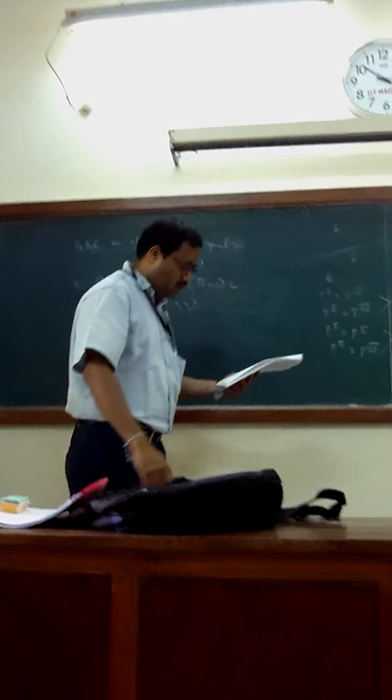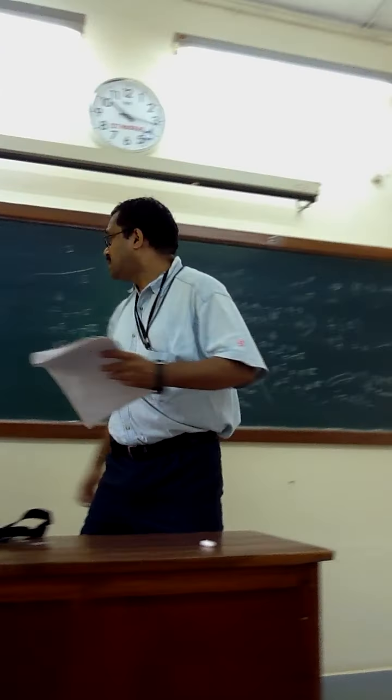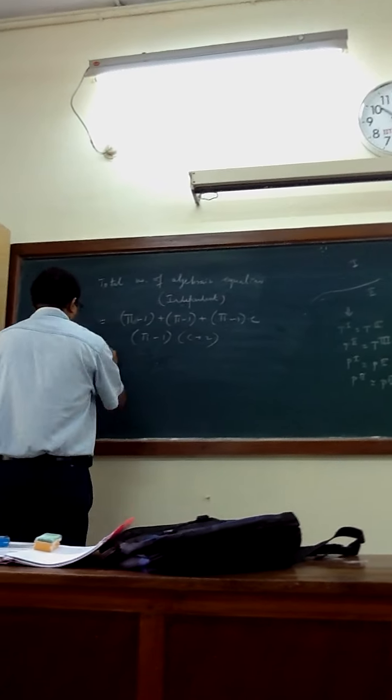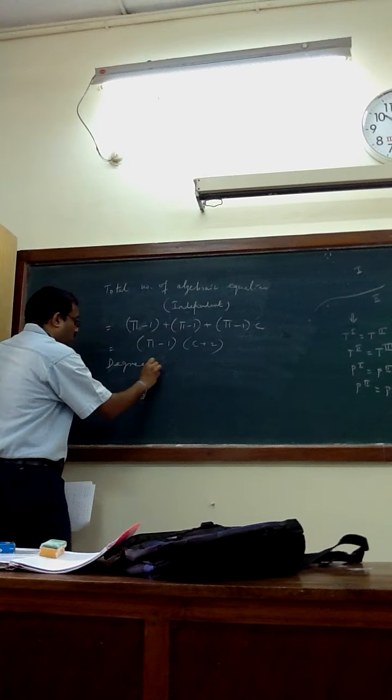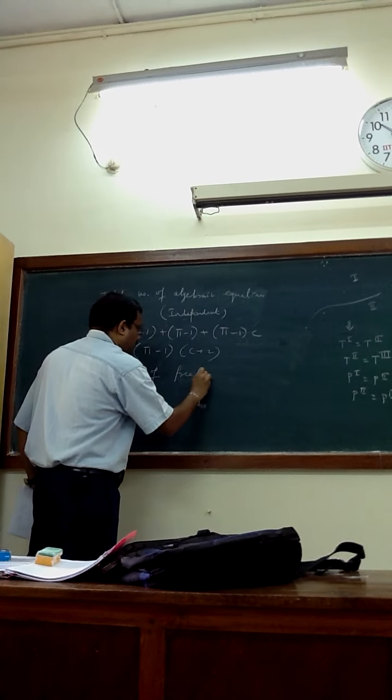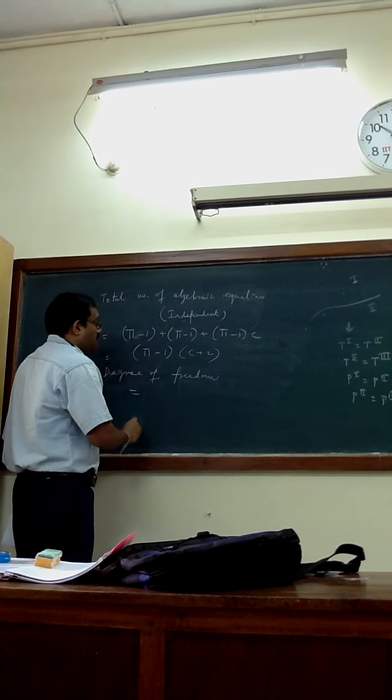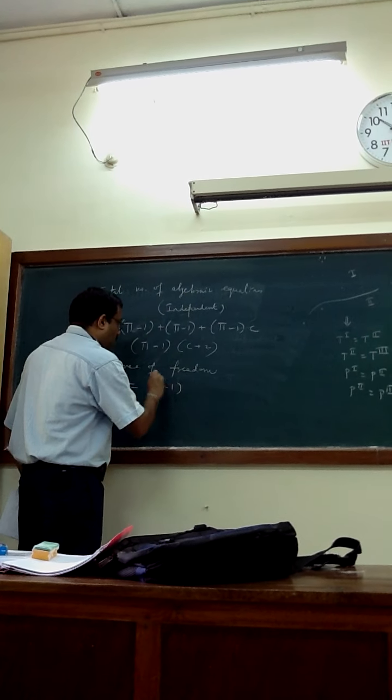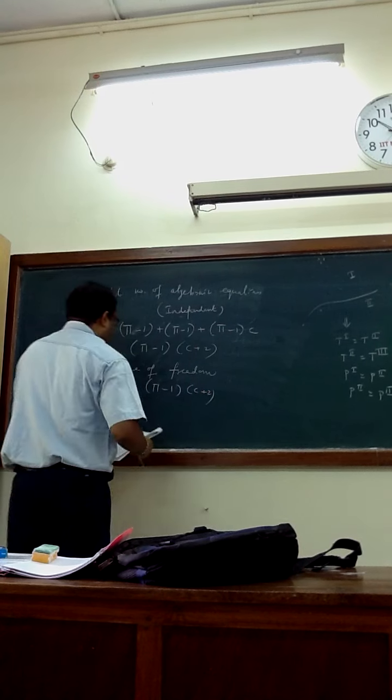If you take everything out, degrees of freedom: the number of independent algebraic equations is (π minus 1)C plus 2.